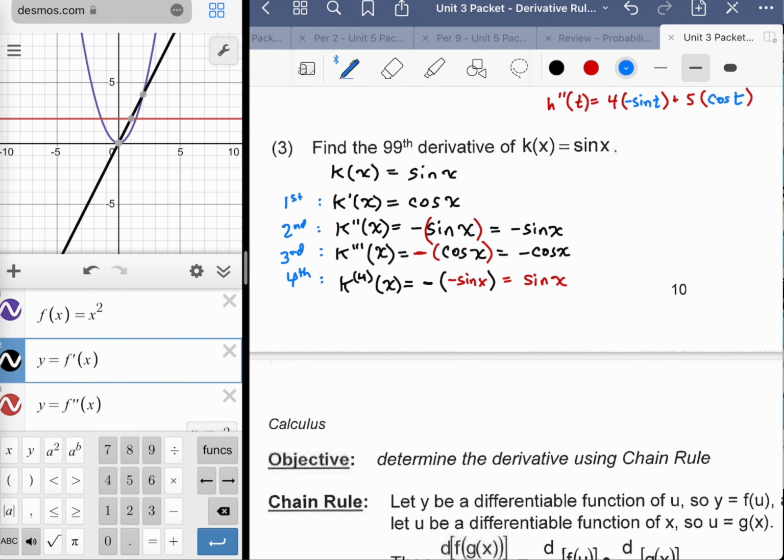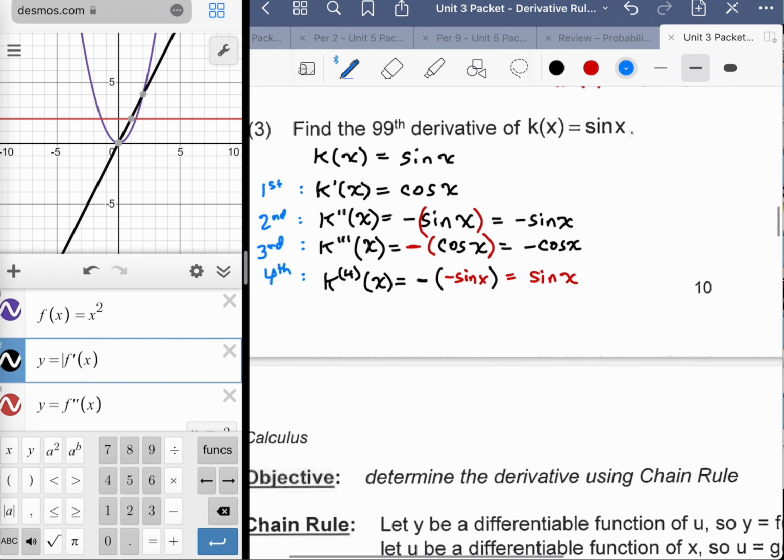Any multiple of 4 would get you back to a sine function. I could count by 4s if I want, or we could just jump to 96, or jump to 100 and dial back 1. A multiple of 4 that's closest to 99, 96 or 100, the low side or the high side, doesn't make a difference.